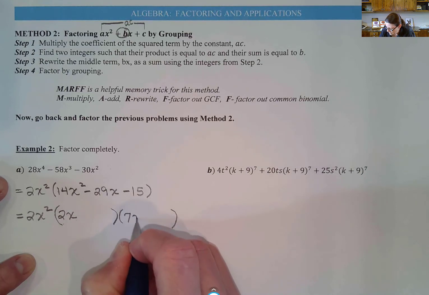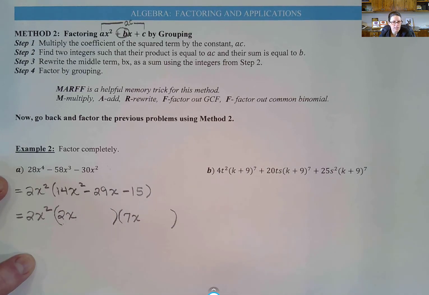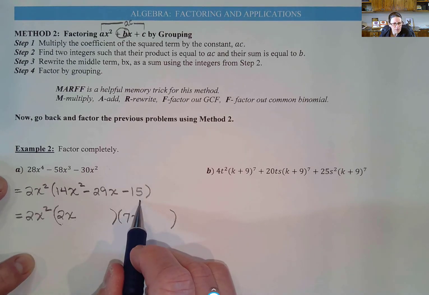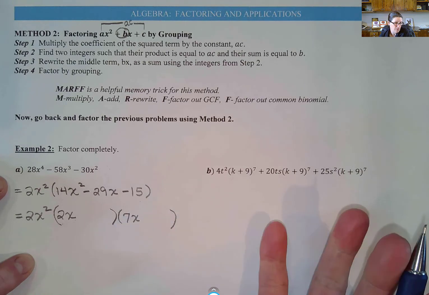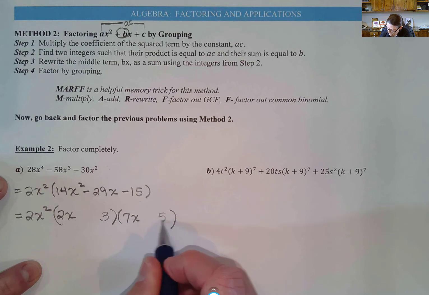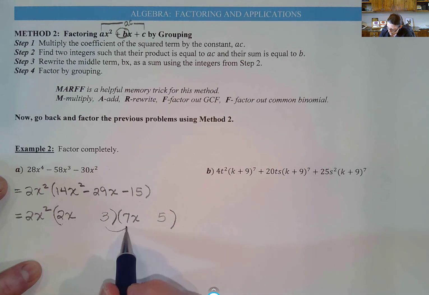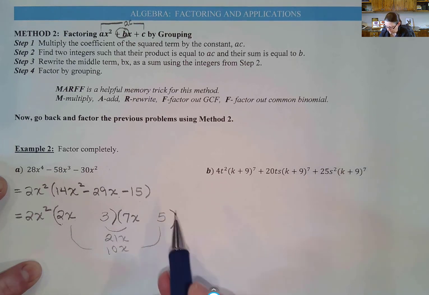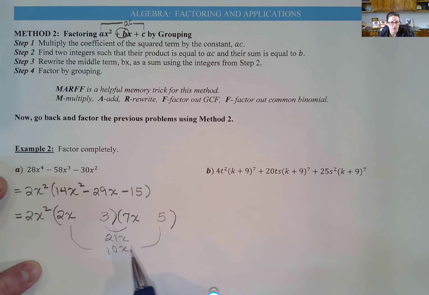If we try a 3, then a 5, we've got 21x with a 10x, and we know these have to be differently signed. So one of these is positive, the other negative, and there's no way to combine a 21 with a 10 via subtraction and obtain 29. That's not going to work.